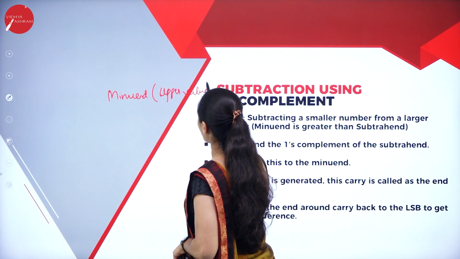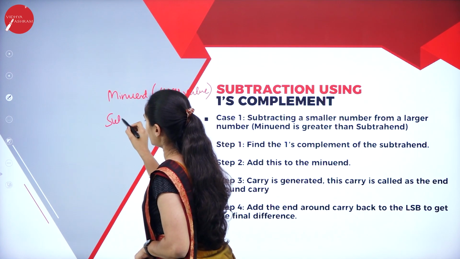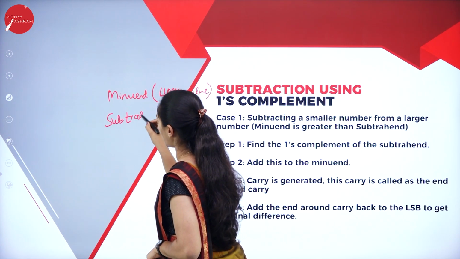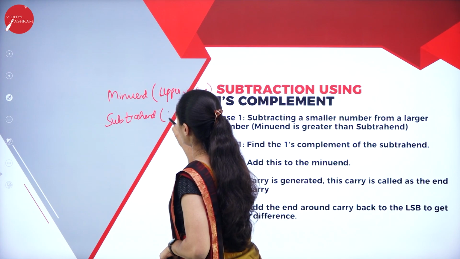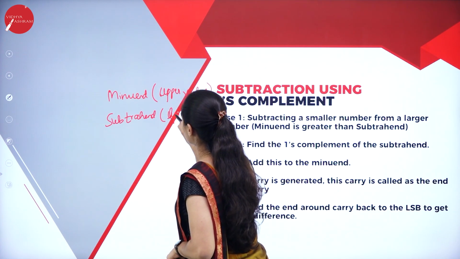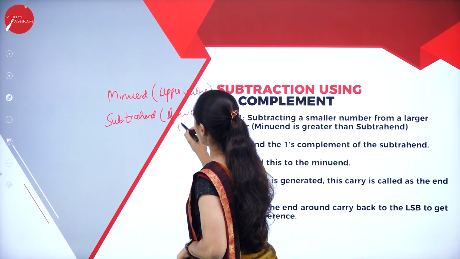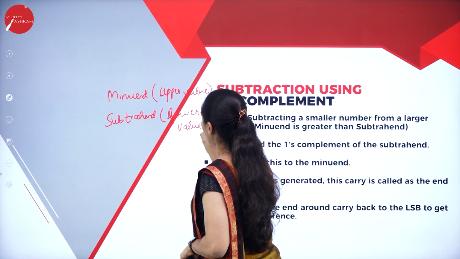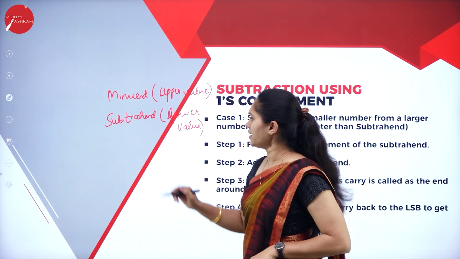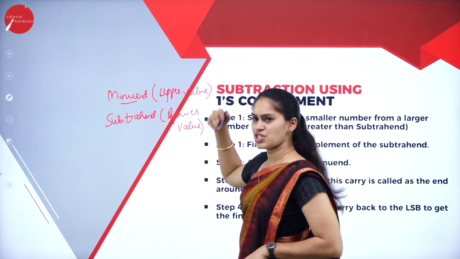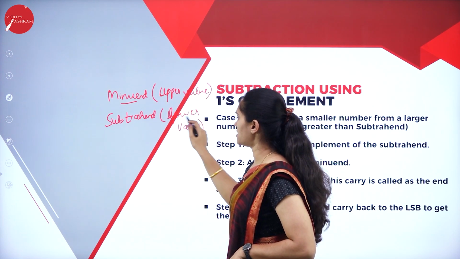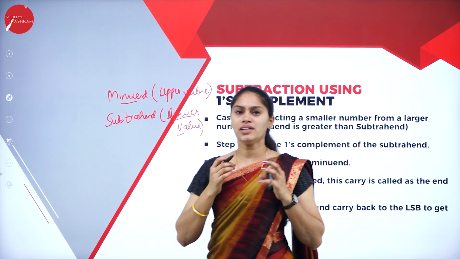The subtrahend is the number at the lower line, called the lower value or lower digit. So the minuend is the upper digit or upper value, and the subtrahend is the lower value or lower digit.